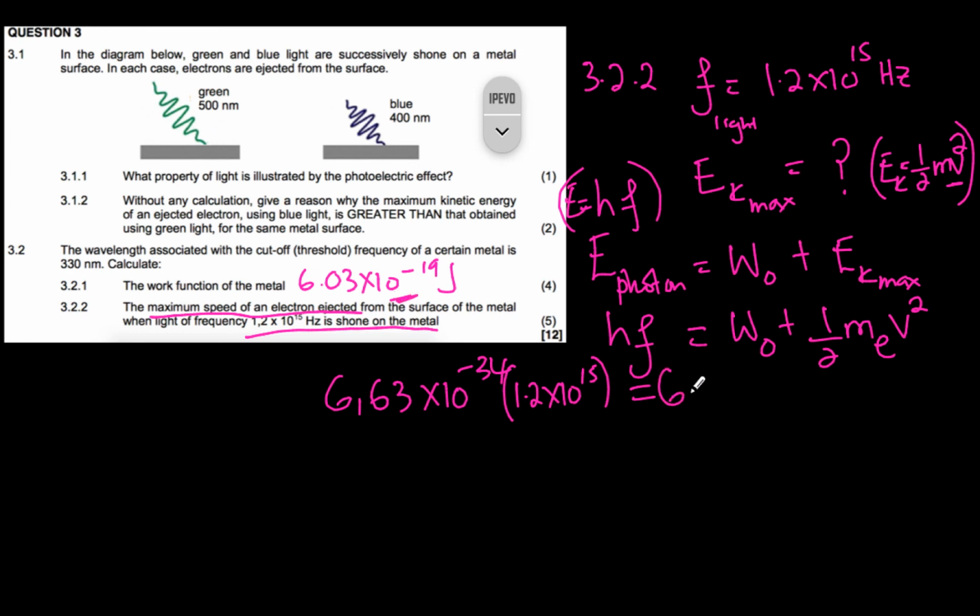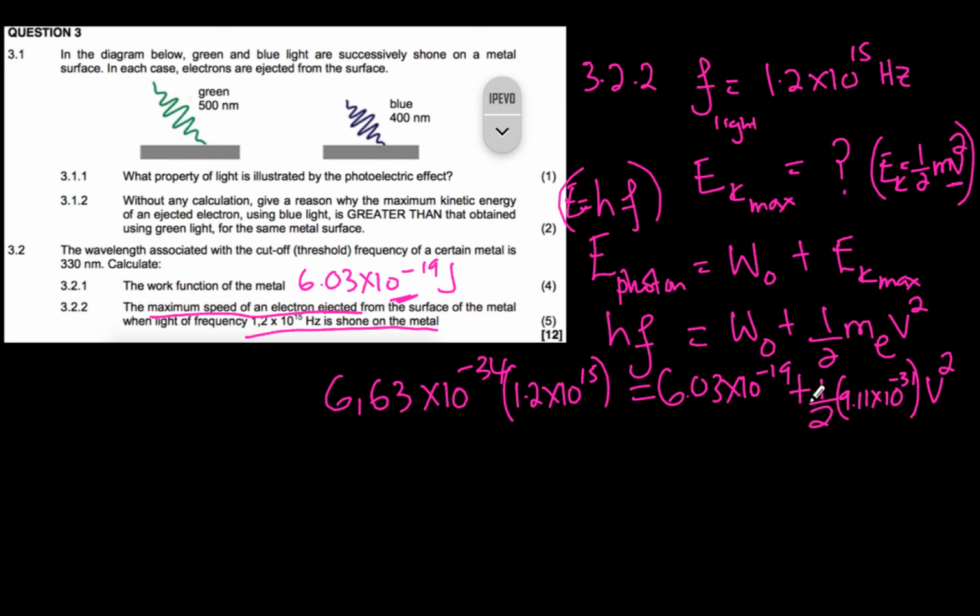It's 6.03 times 10 to the power of -19, then plus half times the mass of an electron. You get it from the formula sheet. The mass of an electron is 9.11 times 10 to the power of -31, and of course times v squared.